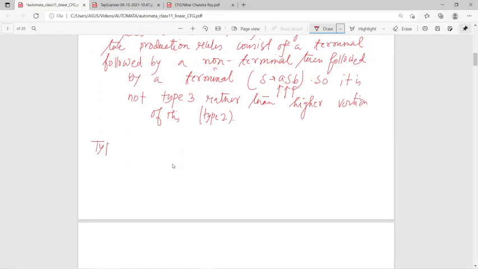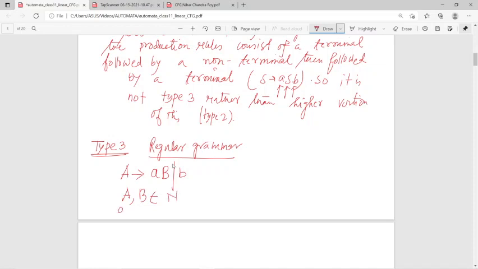Now, type 3 means regular grammar, and we already know the rule. That means from A we are deriving aB or b, where A and B belong to non-terminals, and small a and b belong to terminals.